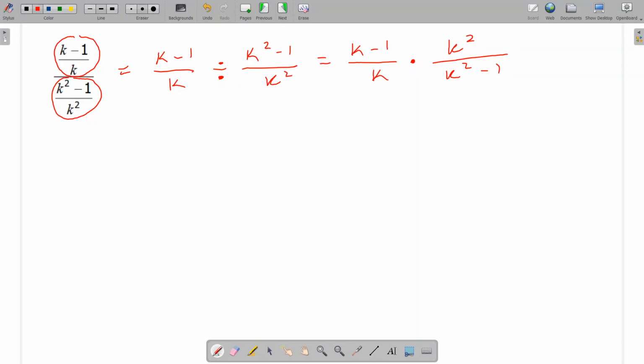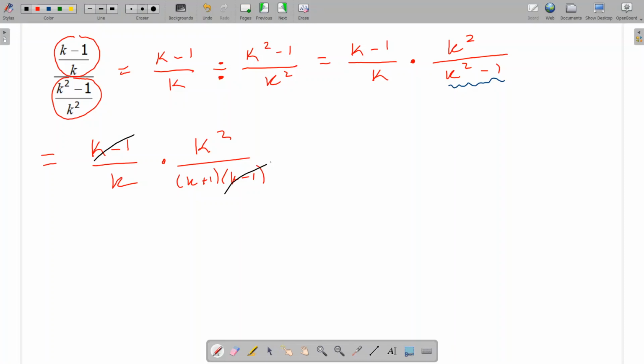Now, I notice in my denominator here that this is a difference of squares. So I'm going to rewrite this so that it's k minus 1 over k times k squared over k plus 1 times k minus 1. So now it's a lot easier to see that these k minus 1s are going to cancel.